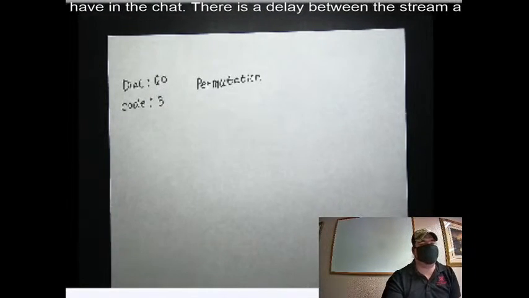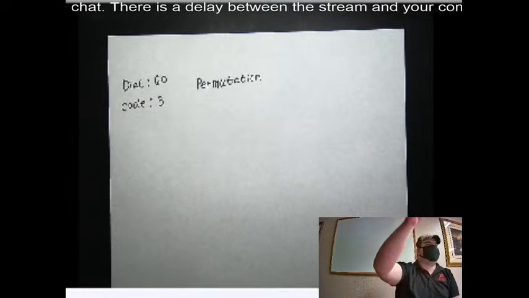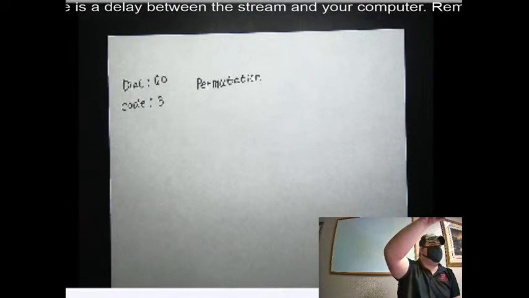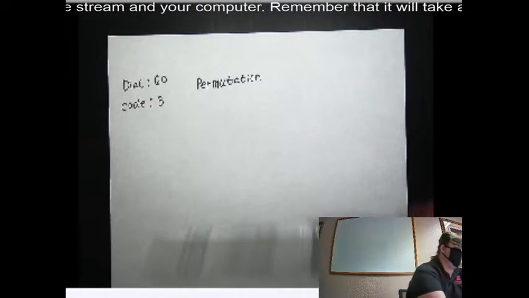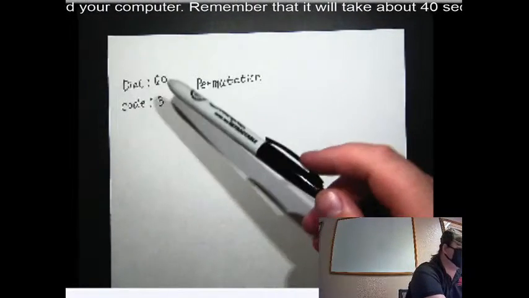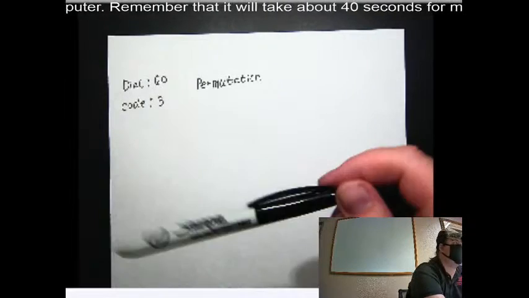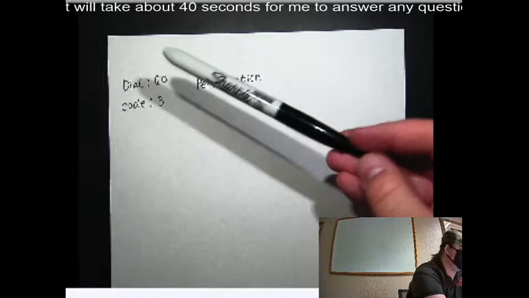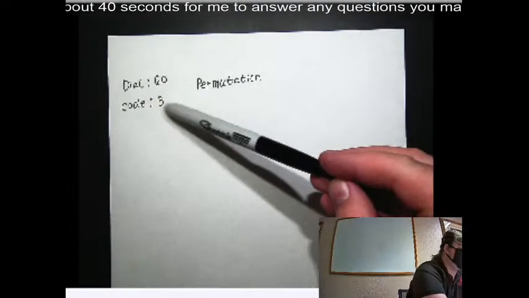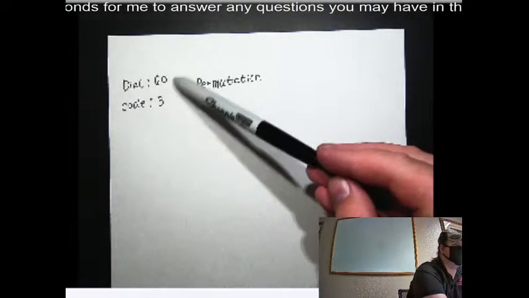So a permutation is a way of organizing possibilities into slots. So for our code, there are 60 possible numbers that we can put into our code, right? And there are 3 slots to put them into.